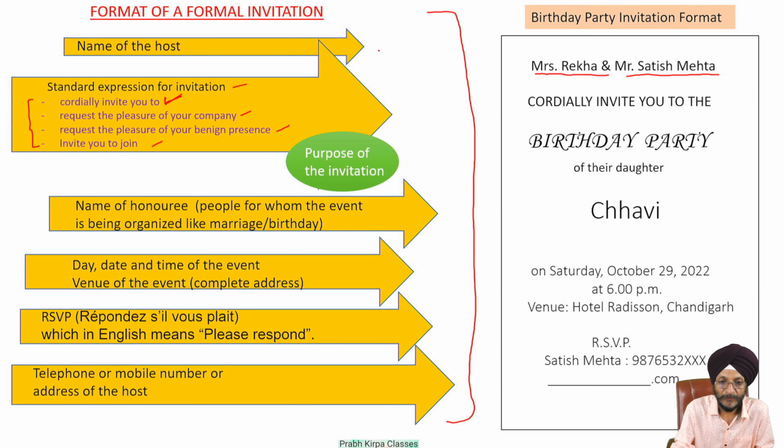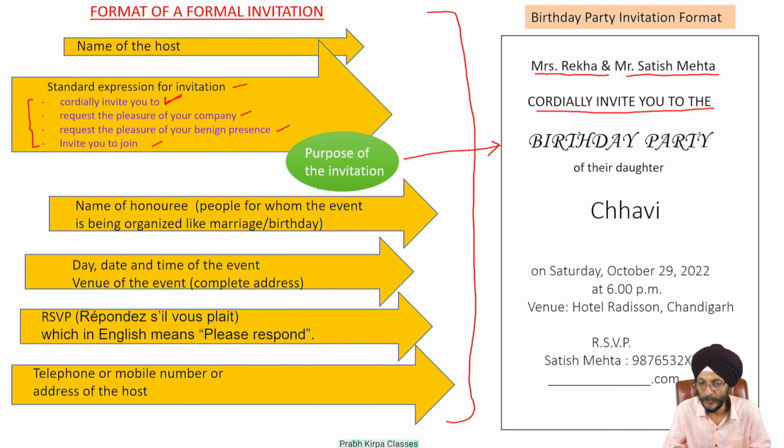After writing the name of the host and the standard expression for invitation, you are to write the purpose, whether it is the birthday party or marriage party or wedding anniversary or any other function. So then comes the purpose, which here is birthday party, as we are dealing with the birthday party invitation format.